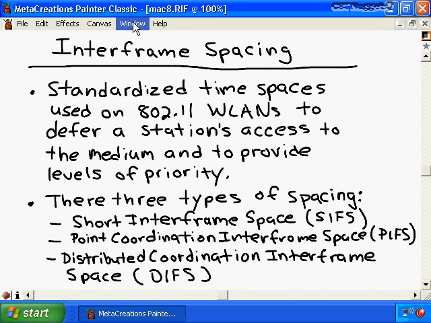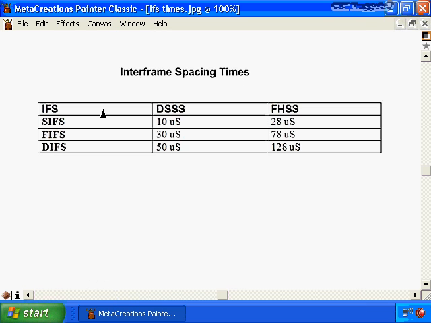And let me show you a whiteboard that has the actual duration of these interframe spacing times. So we see the technology that's being used across the top, and then along the side we see the actual different types of interframe spacing. Starting at the top, we have SIFS, which has the shortest duration. For access points using DSSS it is 10 microseconds, and 28 microseconds is the duration when an access point is using the FHSS technology.